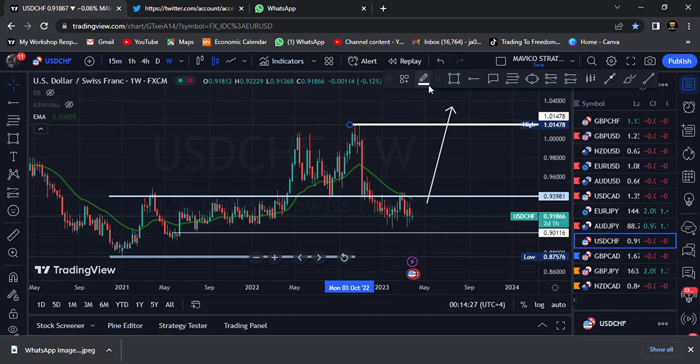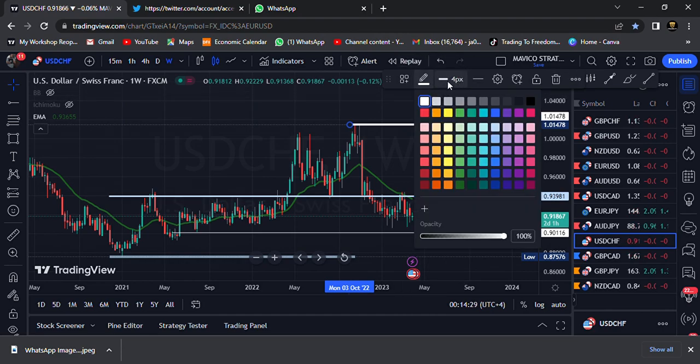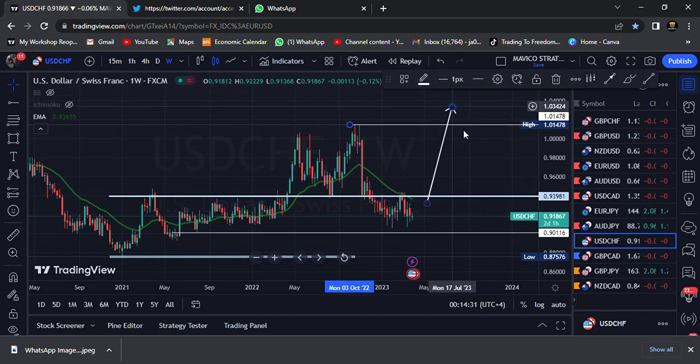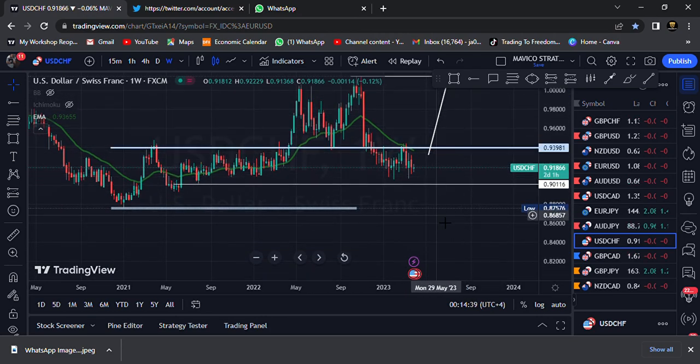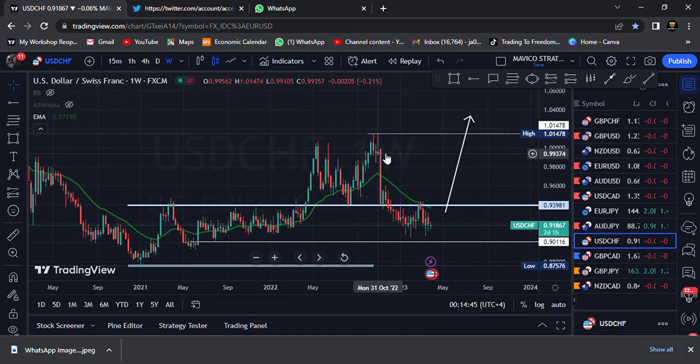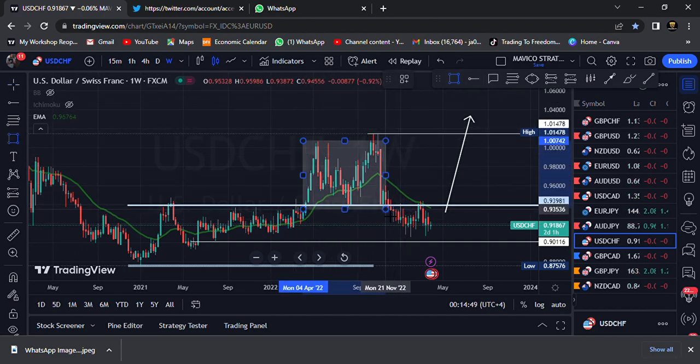Usually. But it did actually break here, retested. It's supposed to come down, because if it's not going up, it actually has to come right down here with this structure. When you see this particular structure, it's very determinant. It happens quite often.